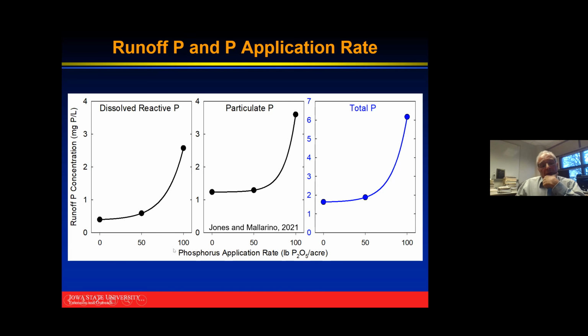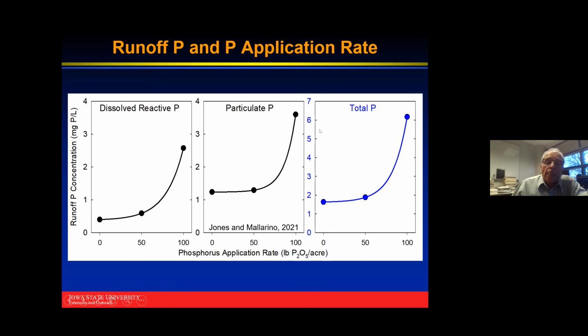And we have 3 rates: 0, 50, and 100 pounds P2O5. By the way, the 50 is about the annual maintenance, the 100 is about the 2-year maintenance for the corn-soybean rotation, approximately.